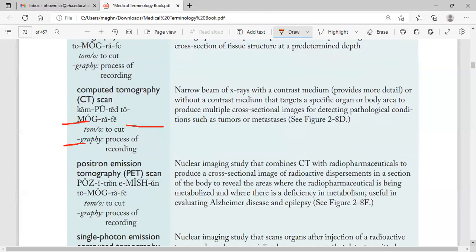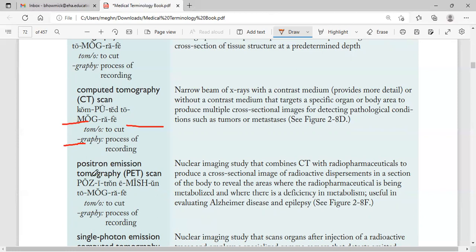Next, it is called computed tomography scan. A narrow beam of X-ray, with or without a contrast medium, targets a specific organ or body area to produce multiple cross-sectional images for detecting pathological conditions such as tumor or metastasis.